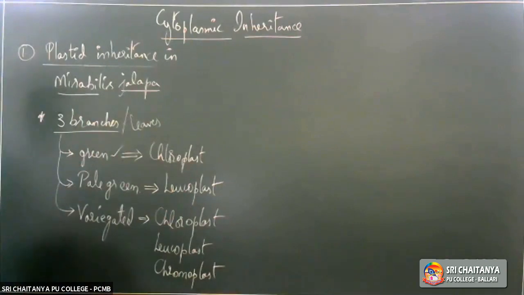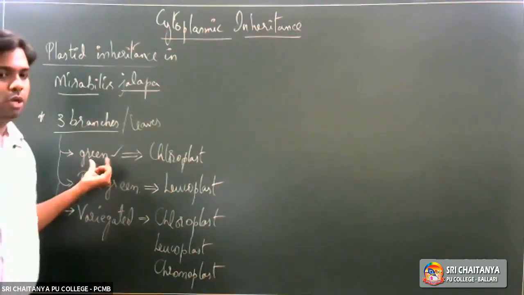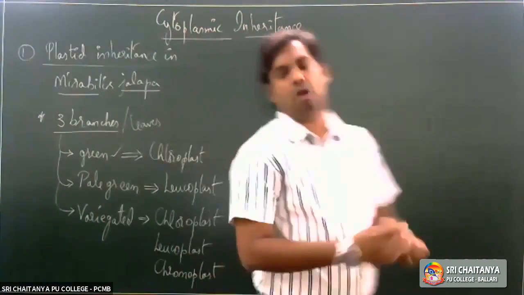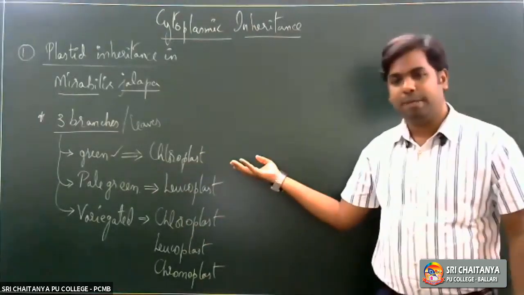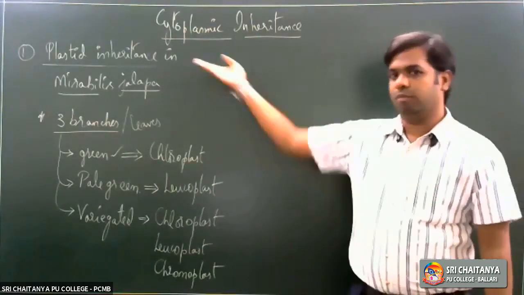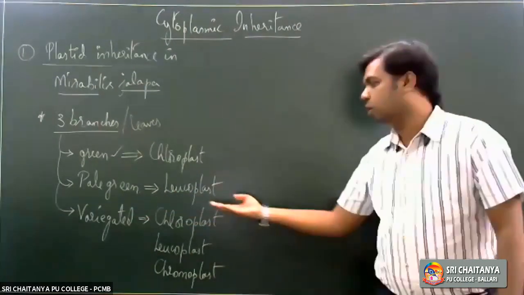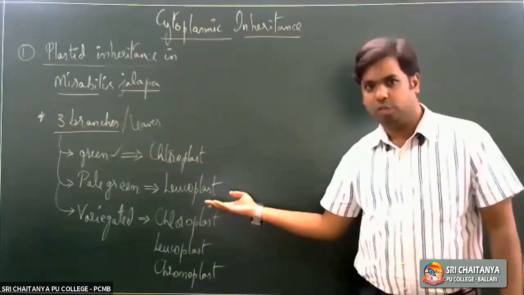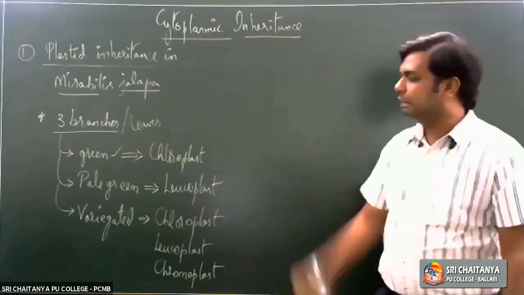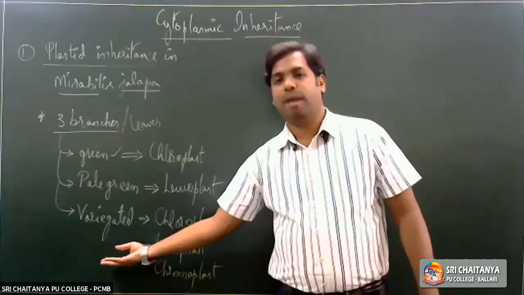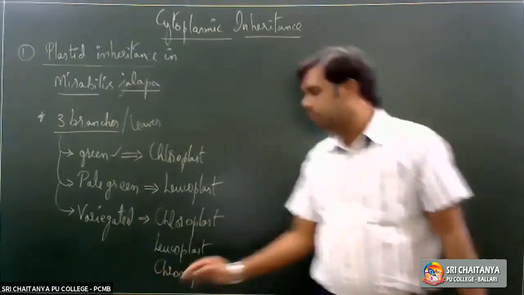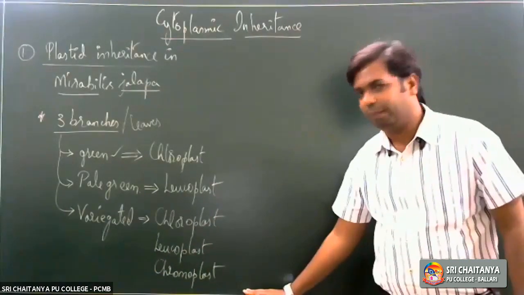So the green colored branch is because of the presence of chloroplast, which is one of the plastids. Pale green colored branch or leaves is because of another plastid, which is called leucoplast. Whereas the third category, variegated branches or leaves, is because of the presence of all three different types of plastid.